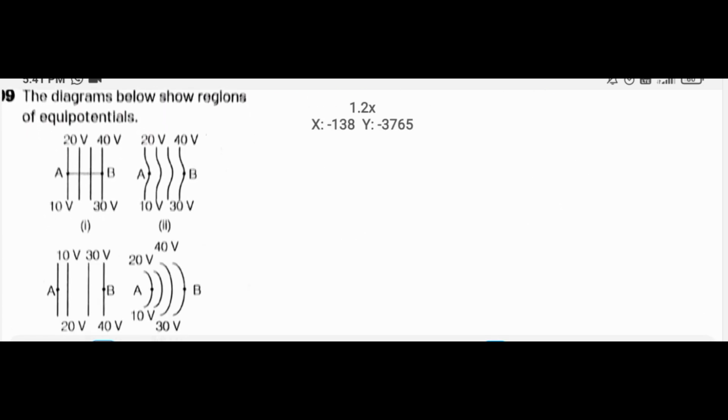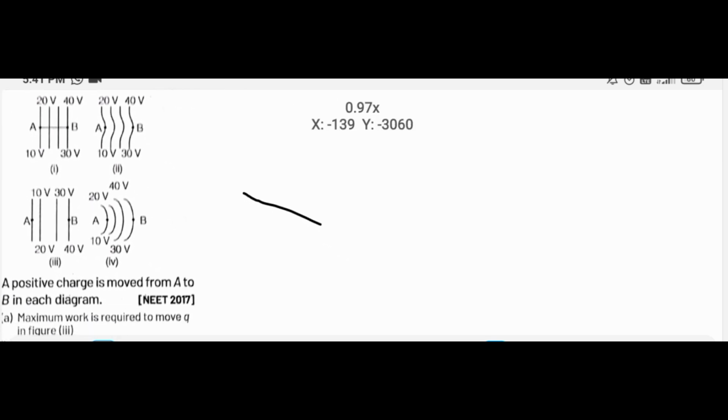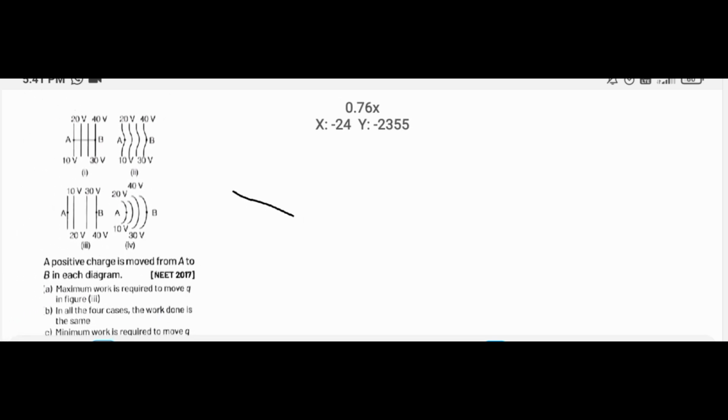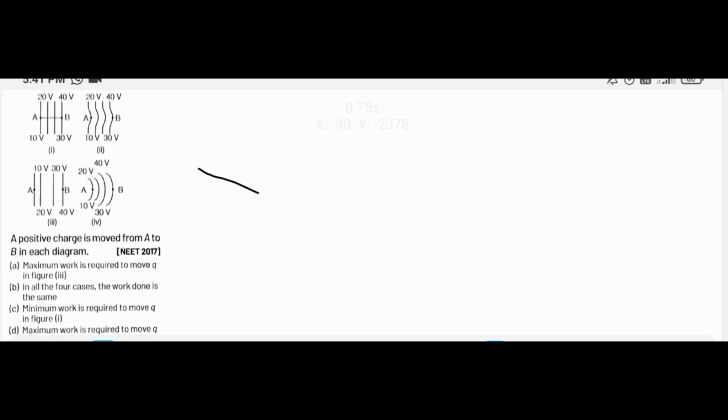Next, ninth question. The diagram below is shown in the region of equipotential. They have given 4 diagrams here which are of equipotential surfaces, and they are asking a question: a positive charge is moved from A to B in each diagram.